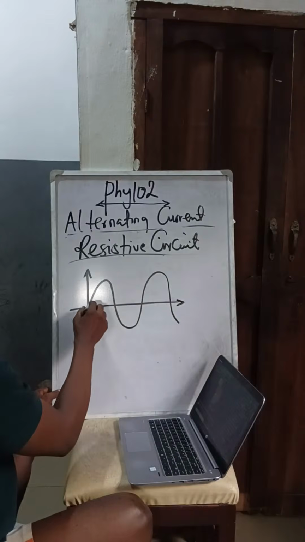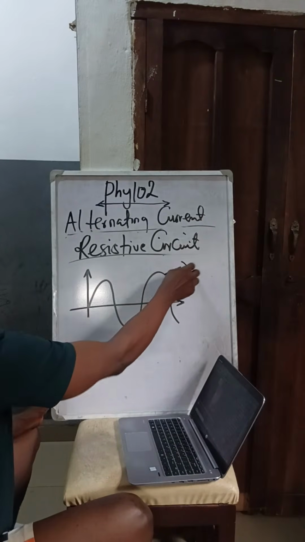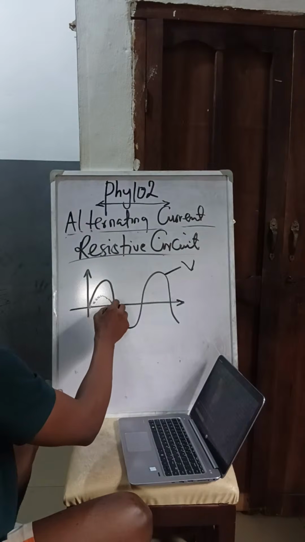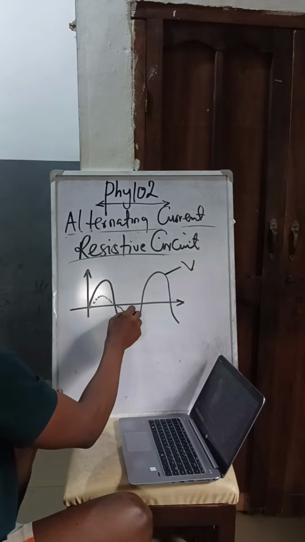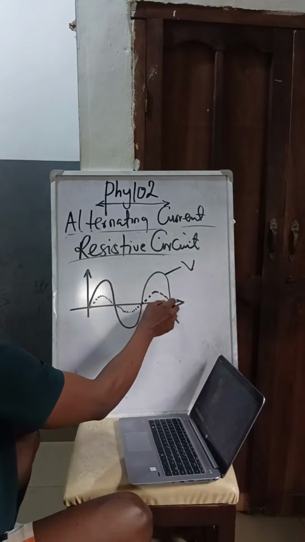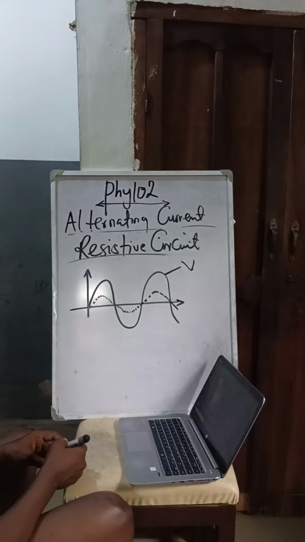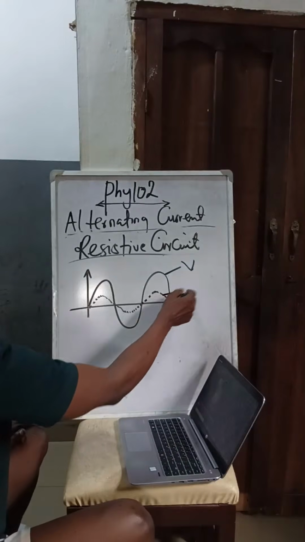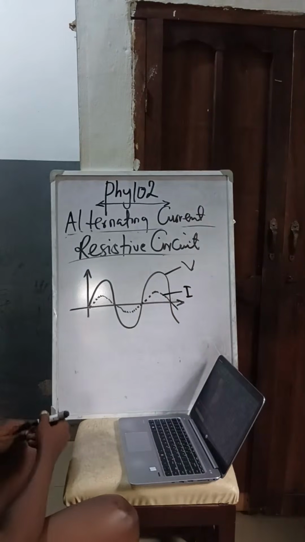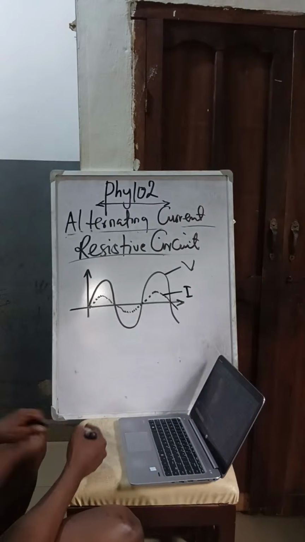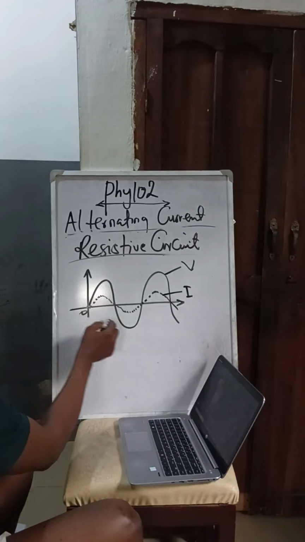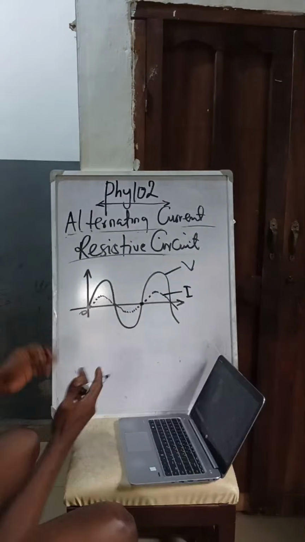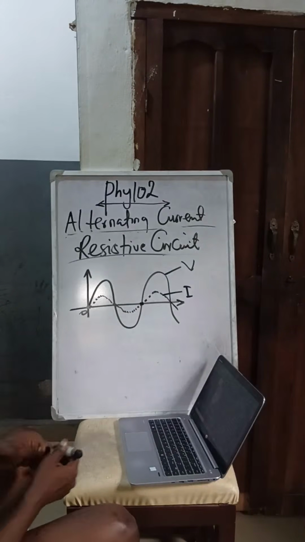Now, when we say it's in phase, let's say this is the voltage, then the current will still pass through the same point. So if this is the current, this is voltage. They are in phase in the sense that they pass through zero at the same time, through pi at the same time, they reach here at the same time, they form a complete circle at the same time.